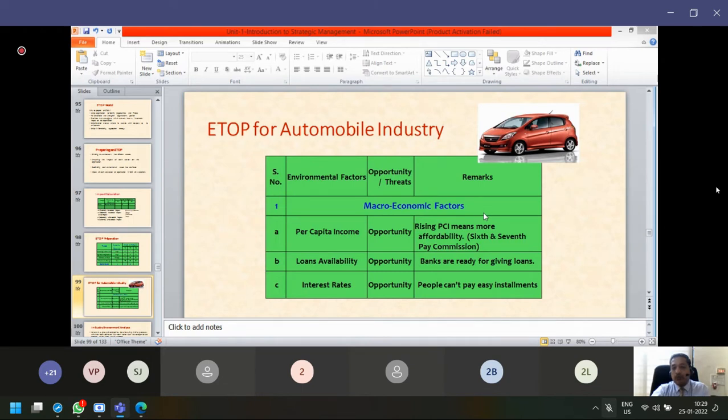We have to convert it into a statement for the manager's decision. What that implies to the manager is more affordability: people will afford to purchase that particular vehicle, and that is an opportunity for us to sell more cars. Getting it?